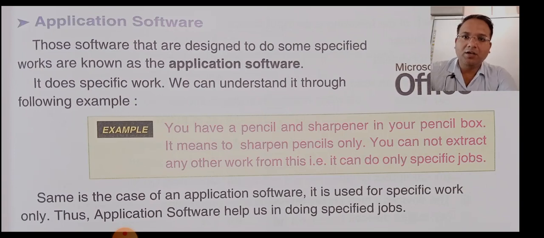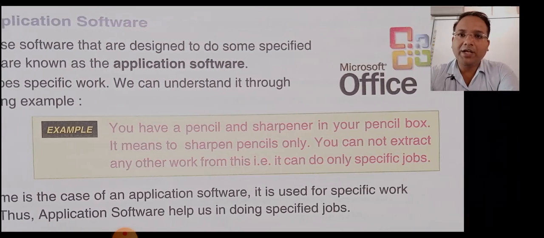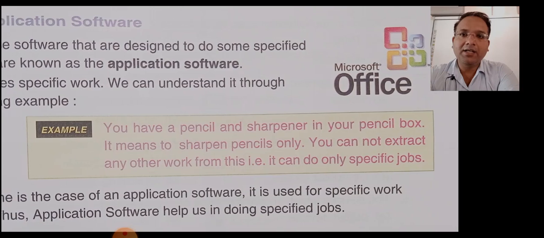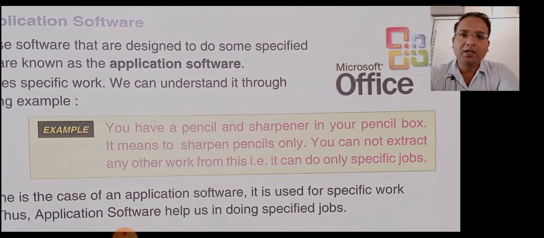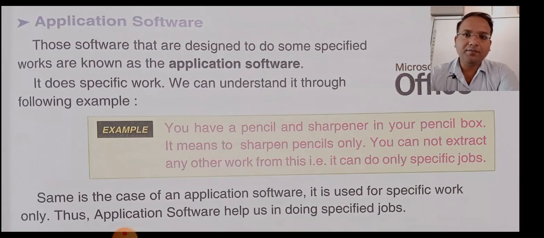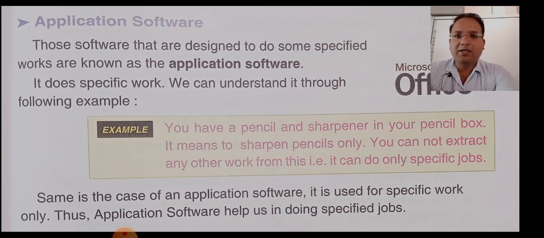Suppose paintbrush. In paintbrush, you can do only painting work. You cannot do any other work. Got it? Microsoft Office is also a software. You can do only typing, prepare presentations, make a spreadsheet. You cannot paint.